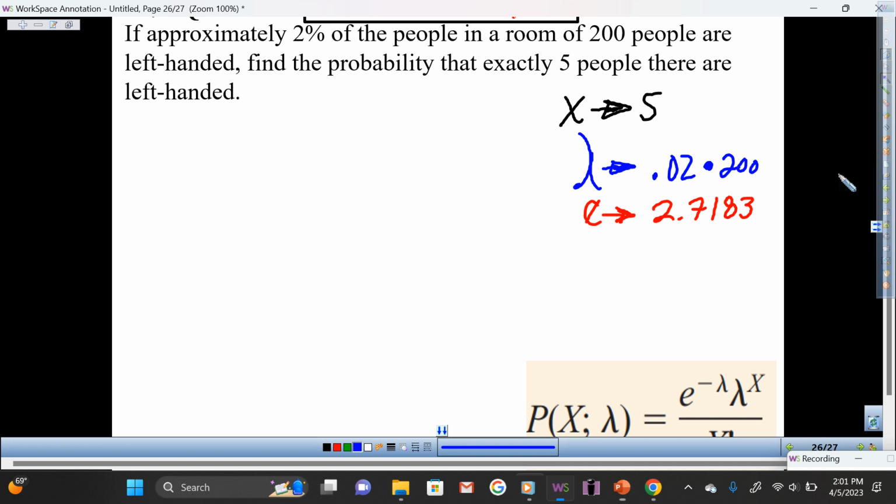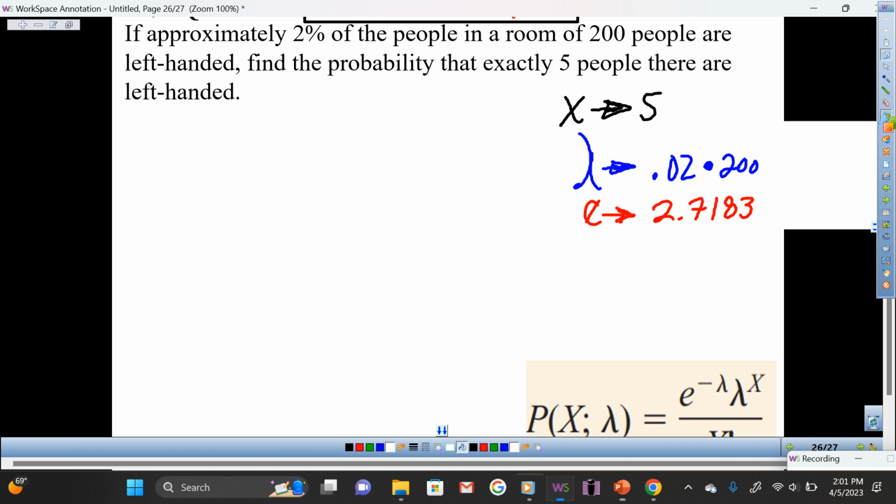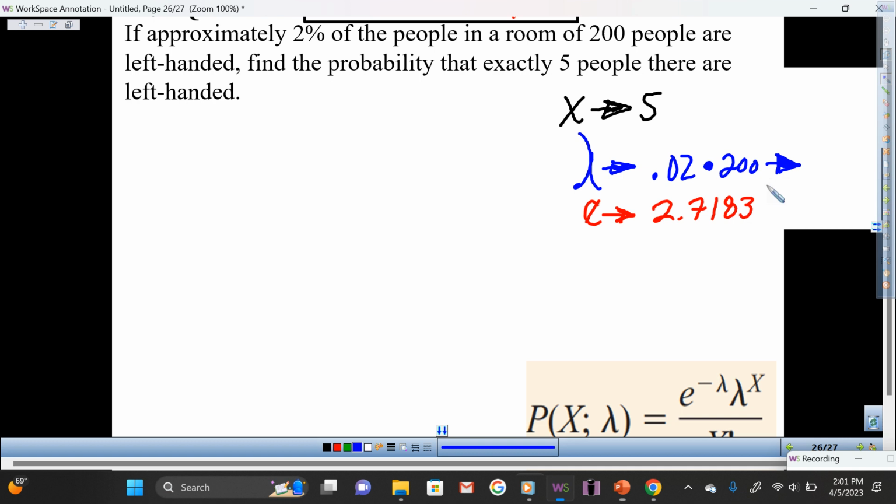Yes, let's try and get decimals and be nice. So, decimal form of that is what? 0.02 times 200. 4, thank you. All right, now that you have your values, set up your formula, please.